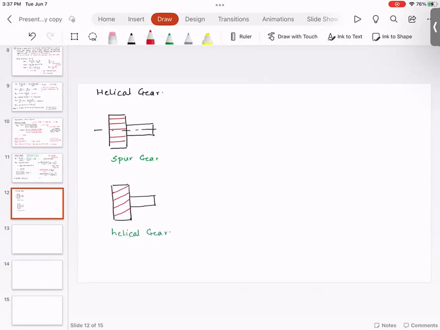So in spur gear, you do not have axial force. Because if you look at the tangential force, it is like this. But in the case of helical gear, you get axial force. Helical gears are stronger.